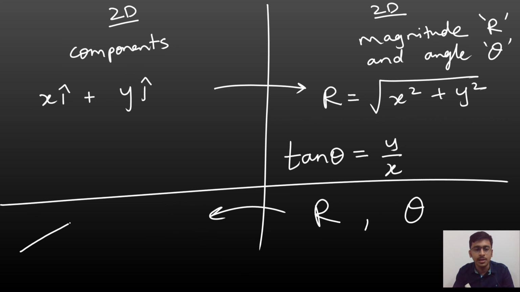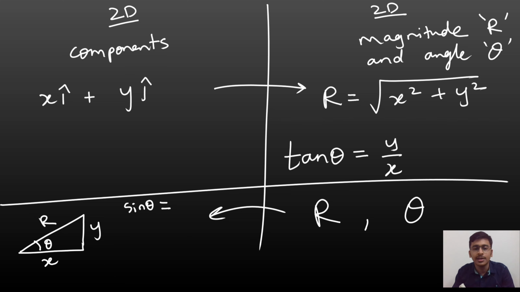So it's easy. I can simply use basic trigonometry. So if this is theta, this is x, this is y, and this is r. So if I know r and if I know theta, what I can do is use, let's say, sine theta. Sine theta is nothing but, sorry, x should be on the base. So let's say this is y, this is x.